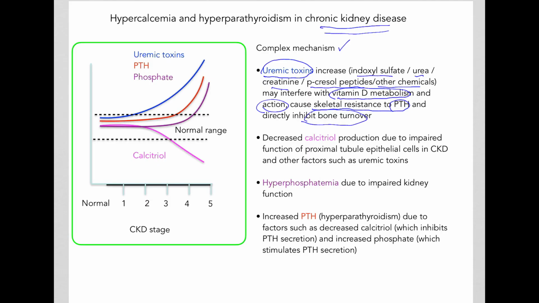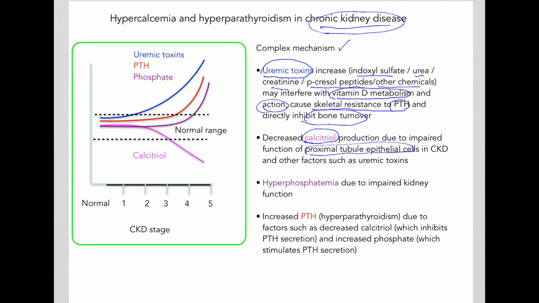In addition, when the kidney is impaired over long periods of time, remember the kidney is the place where calcitriol is produced. So this is going to affect the calcitriol production in the proximal tubular cells in the kidney.